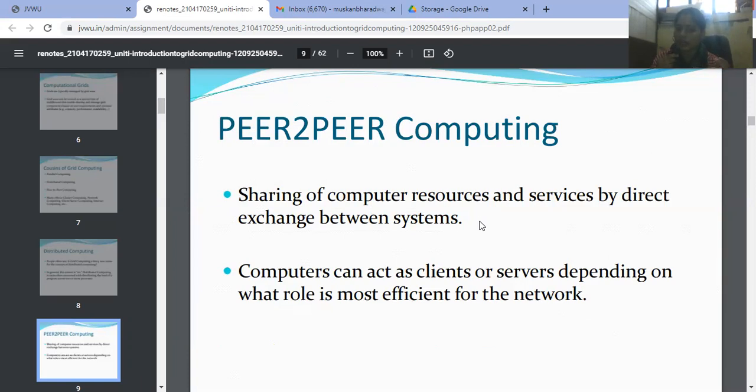Peer-to-peer is the same thing: easily exchanging resources or services directly between systems or nodes. A computer can act as a client or server depending on the role it performs and the role for which it is efficient in that network.